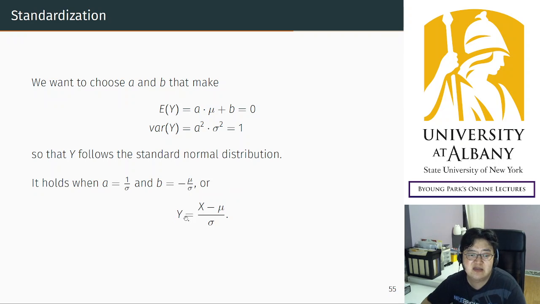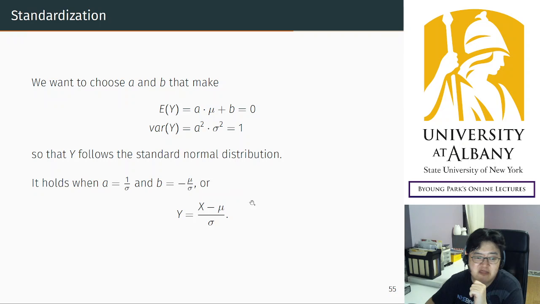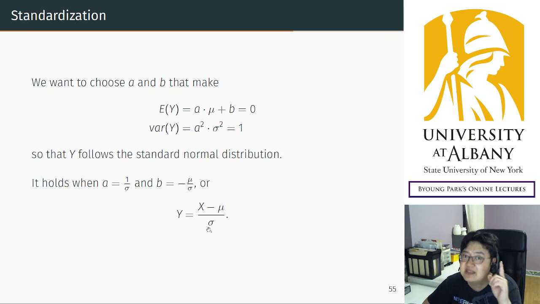Y in the end is from the original variable X. First, recenter: subtract the mean so that the center is adjusted to 0, and then divide that by sigma, which is the standard deviation. Remember, sigma is the standard deviation, sigma squared is the variance.